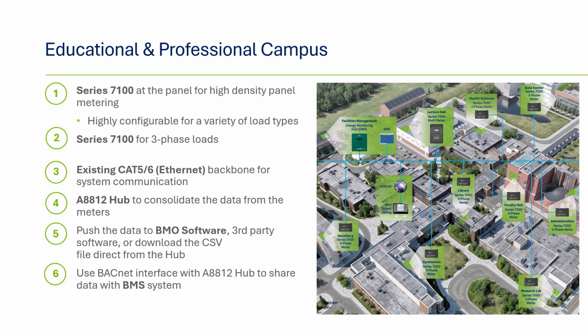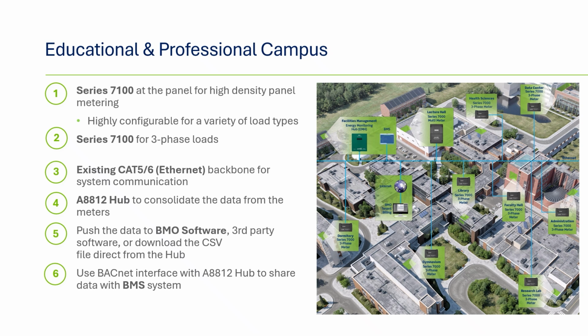For high-density metering, the multi-circuit models should be used. 2. For individual circuit monitoring, the single three-phase meters will work. 3. The meters are connected to the Ethernet network for system communication to allow the meters from the various locations to communicate with the data acquisition hub. 4. An A8812 data acquisition hub will gather and consolidate the meter data for reporting. 5.